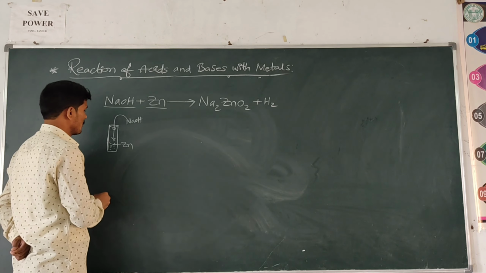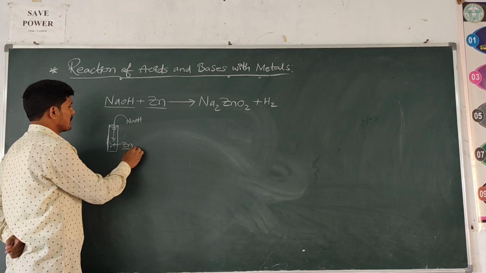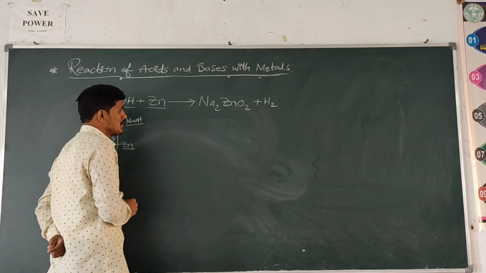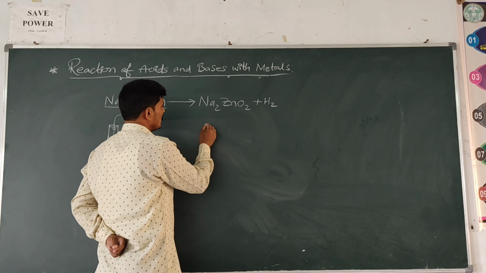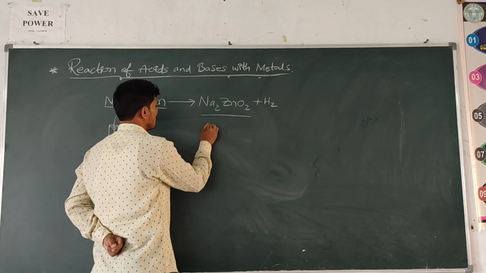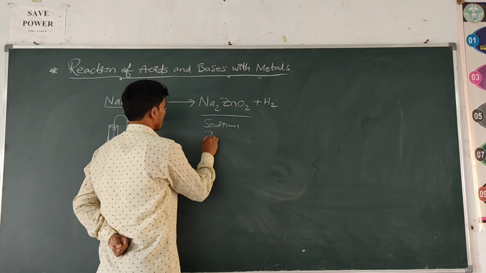At that time, a chemical reaction takes place between the zinc granules and sodium hydroxide. It also forms Na2ZnO2, which is called sodium zincate.